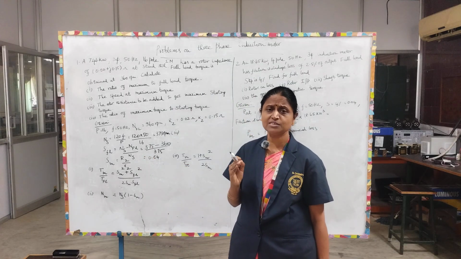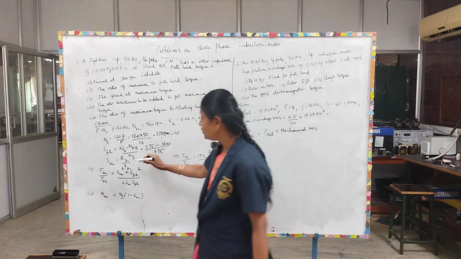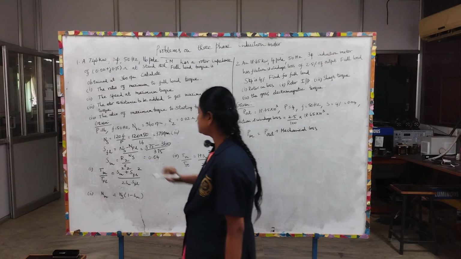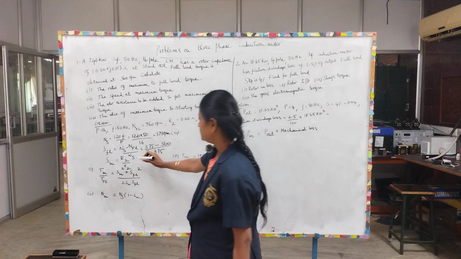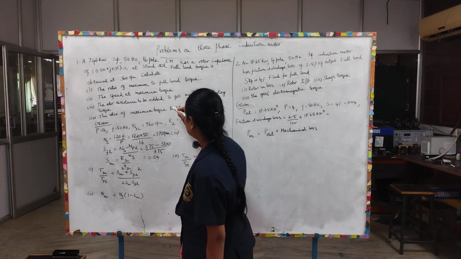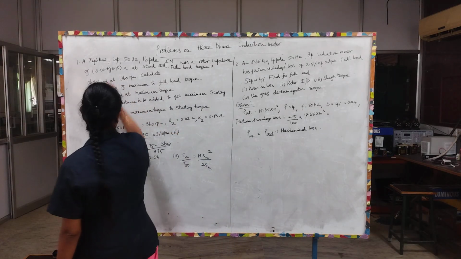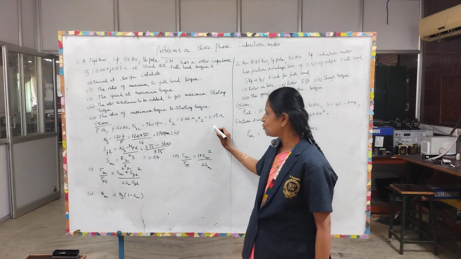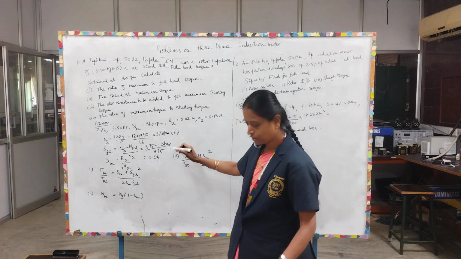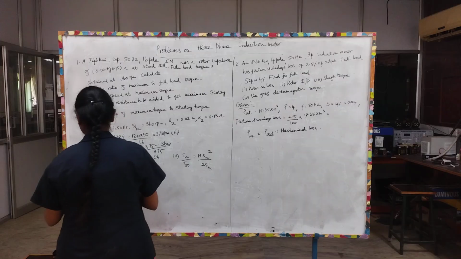Usually the slip varies from 0 to 1. So we know what is R2 and what is X2. So from that we can calculate what is Sm. So here R2 is given as 0.02 ohms and X2 is given as 0.15 ohms. So substituting we can calculate Sm.